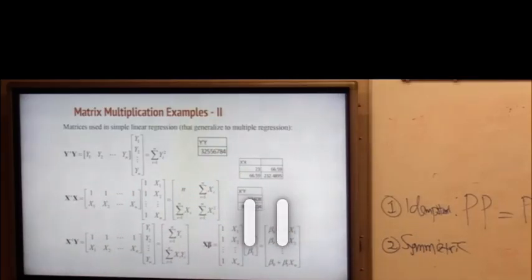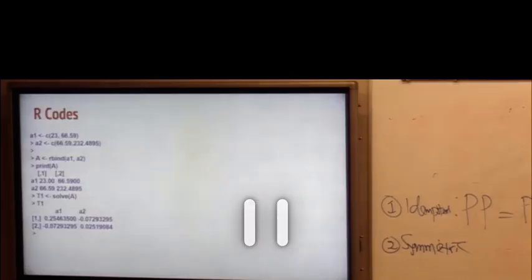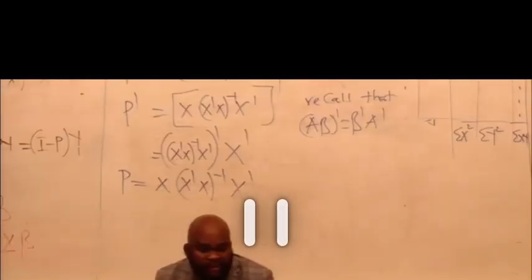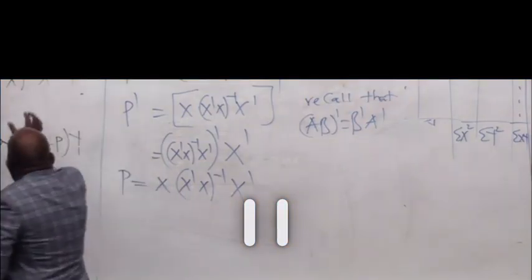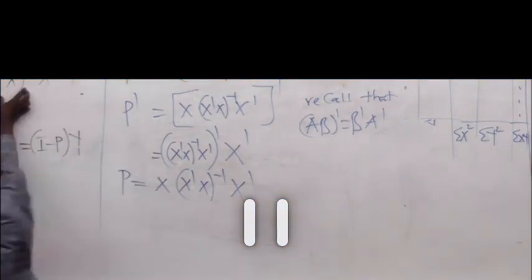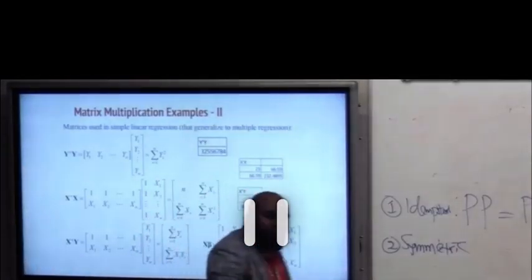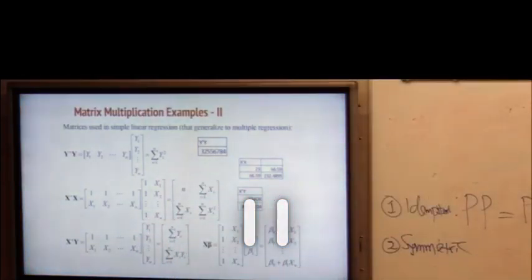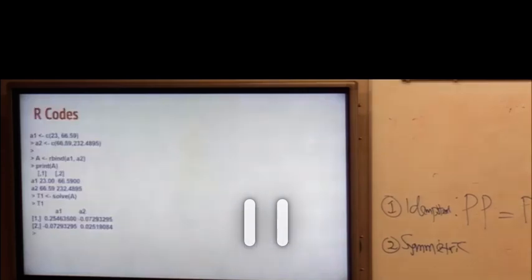And you can also program that in R. Some of you may be wondering, how am I going to get the inverse in R if I have a 2 by 2 matrix? Getting the inverse in R is done with solve.